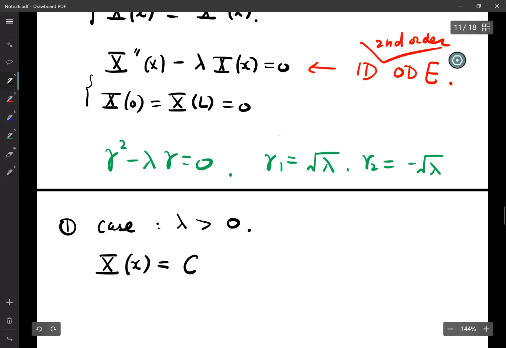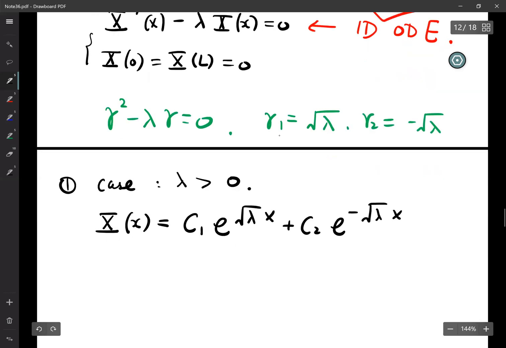So once lambda is bigger than 0, all the possible X would be C1 exponential square root of lambda x plus C2 exponential minus square root of lambda x. But this C1 and C2 should be constrained to satisfy the boundary data.